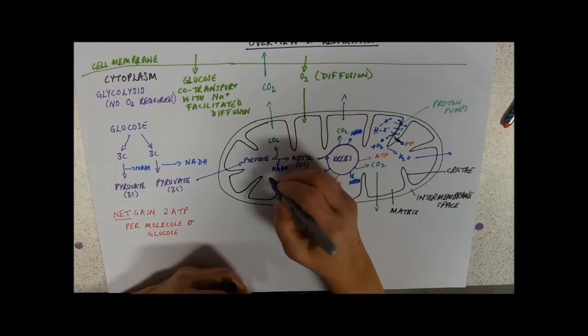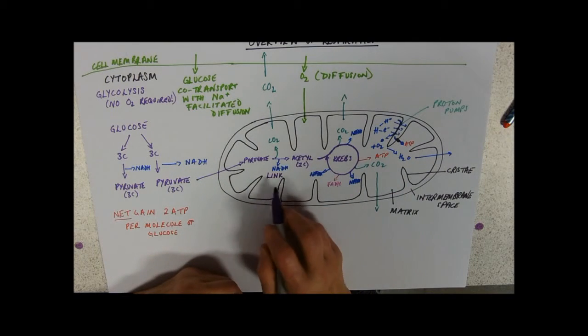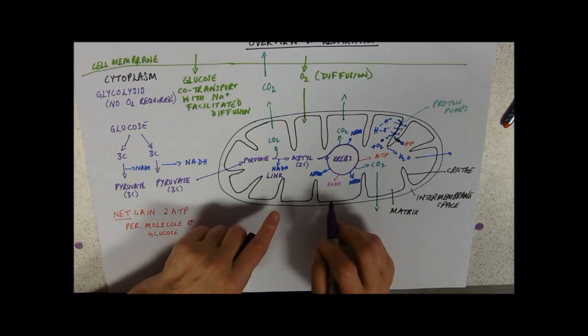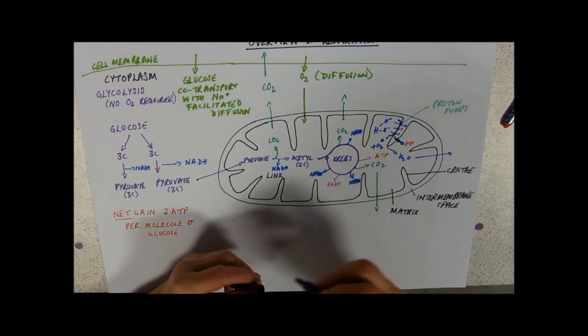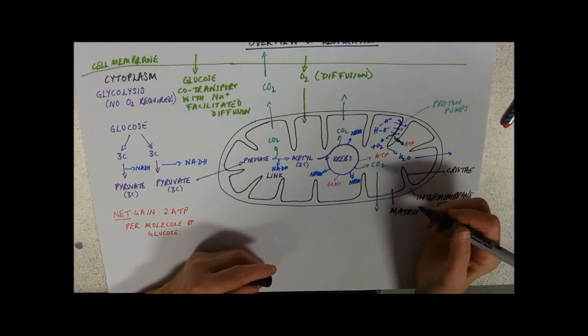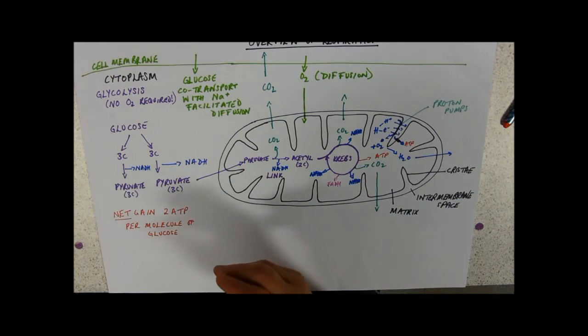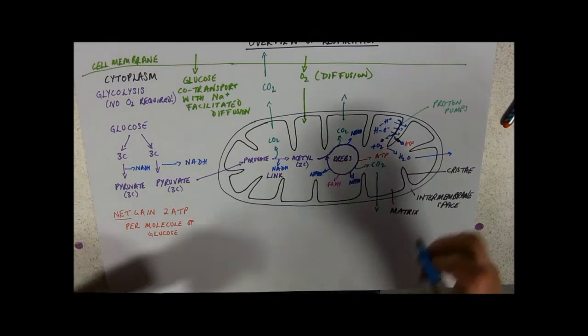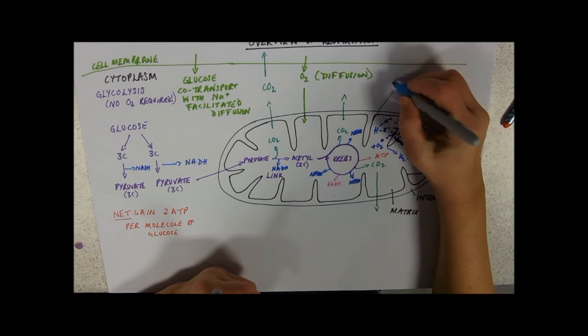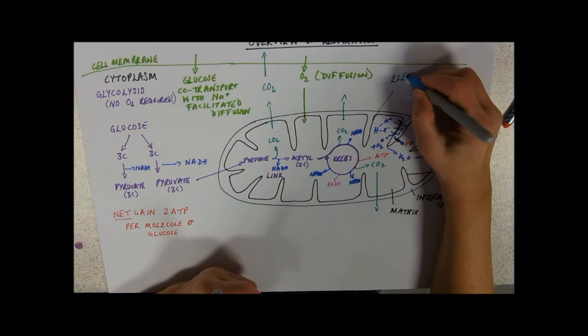So, names of reactions: pyruvate to acetate, link because it joins glycolysis to Krebs, and the circular one, Krebs cycle. And then over here on the cristae, we've got the electron transport chain. And those in blue. So cristae is the site of the electron transport chain.